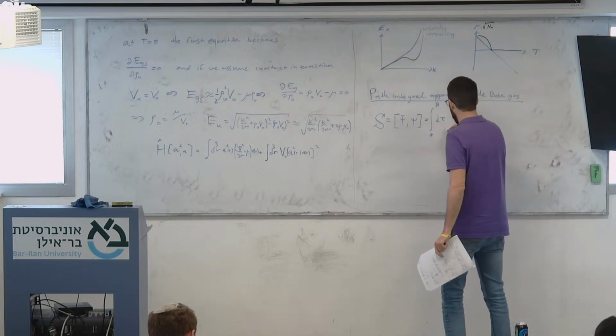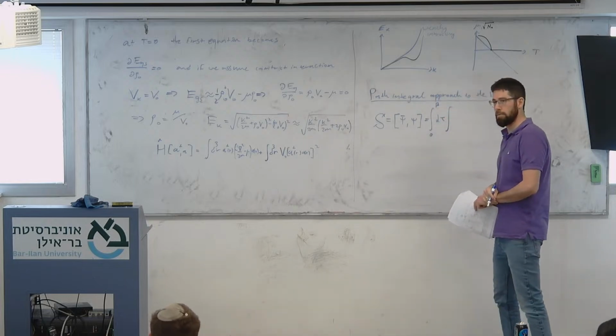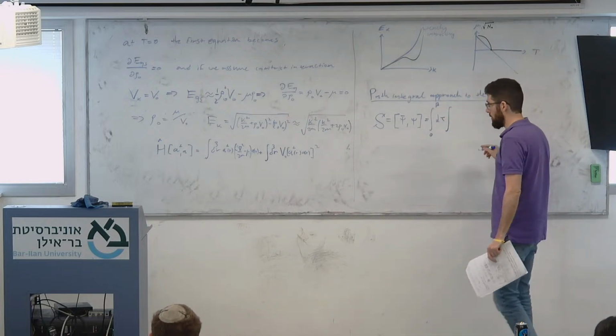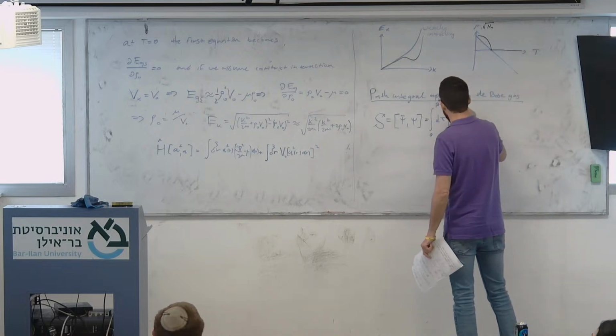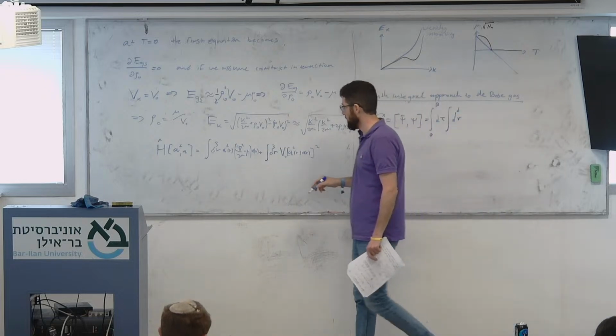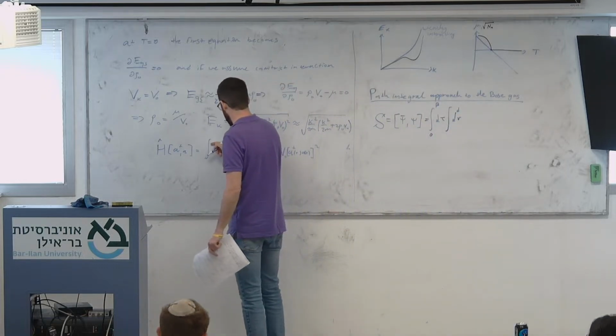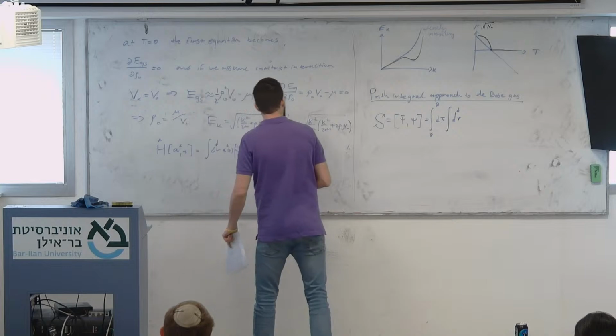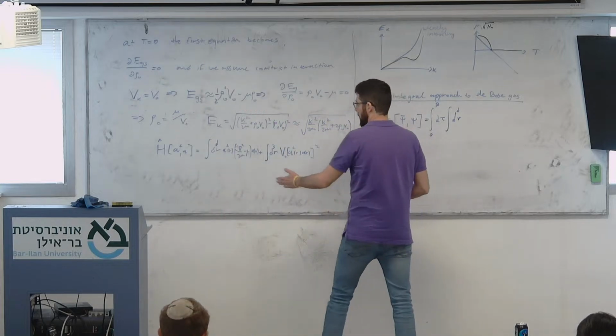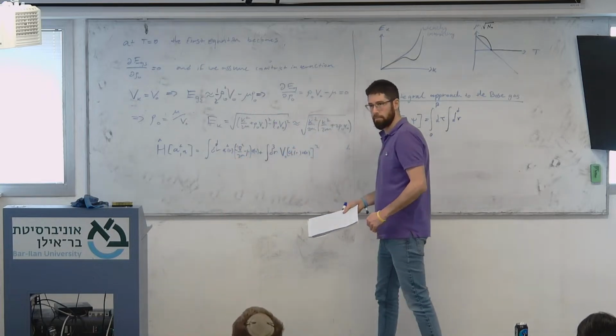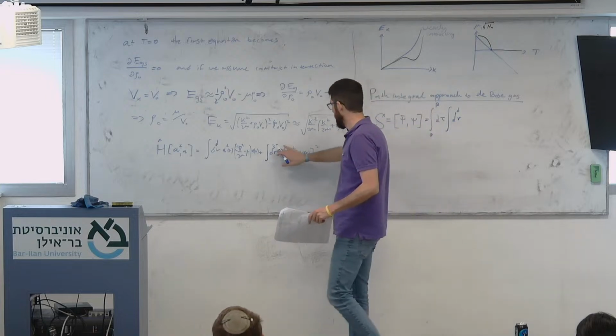And then we have, what do we have next? The integral over space, d^d r. So this is the full Hamiltonian.